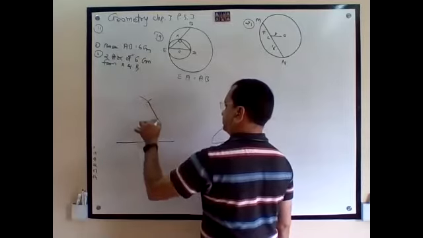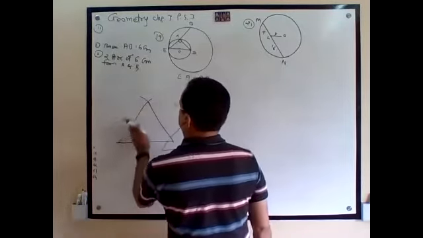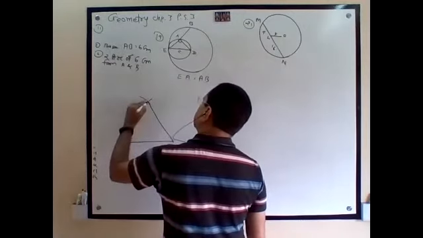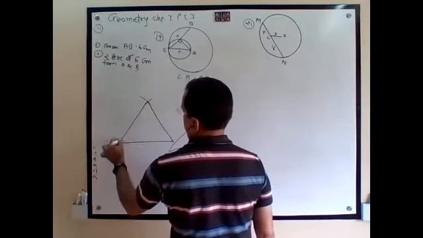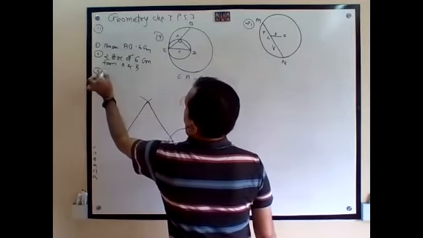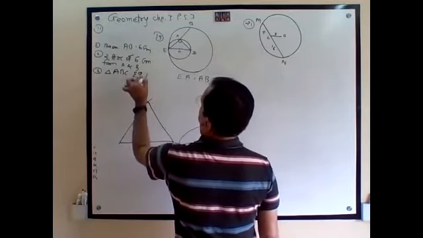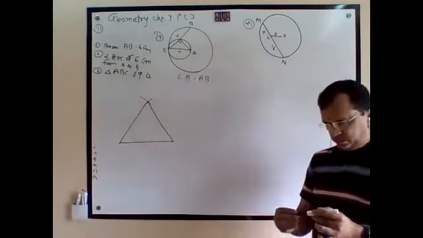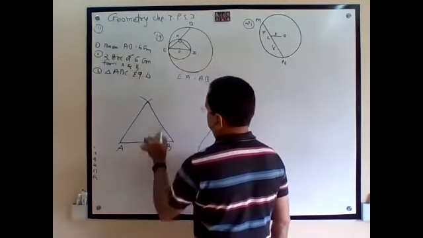Join this. Third, ABC is an equilateral triangle. This is A, this is B, this is C.